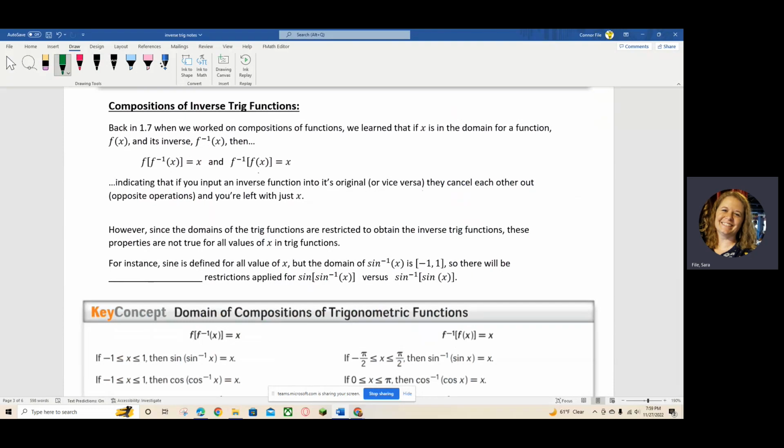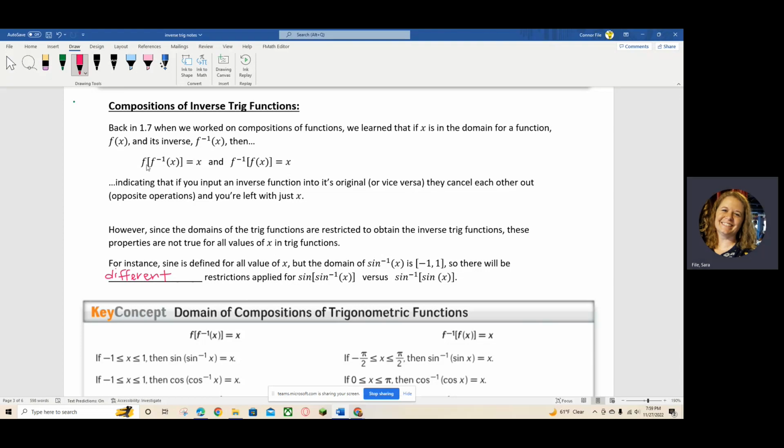But before I scroll all the way down to that, let's go ahead and fill in these blanks. So this says sine is defined for all values of x, but the domain of inverse sine is only -1 to 1. Okay, so there will be different restrictions applied for sine of inverse sine of x versus inverse sine of sine of x.